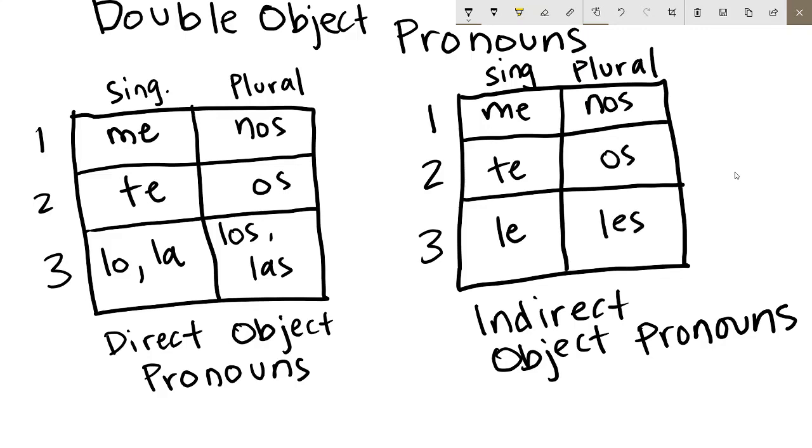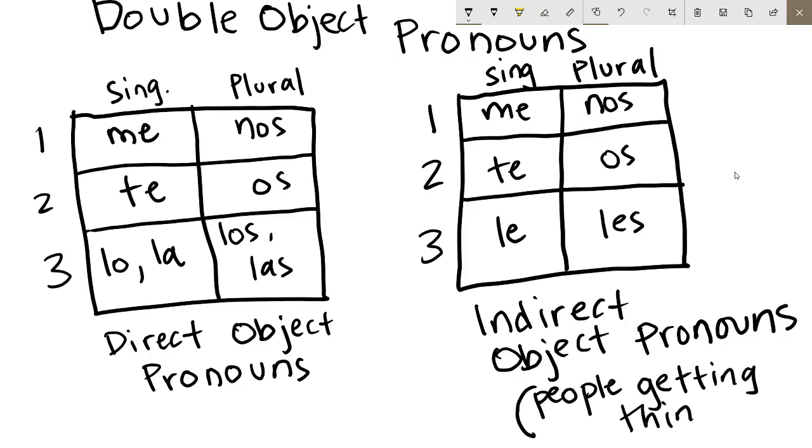Okay? So one thing about indirect object pronouns, they are always going to take the place of people who are getting things. So these are the people getting things.